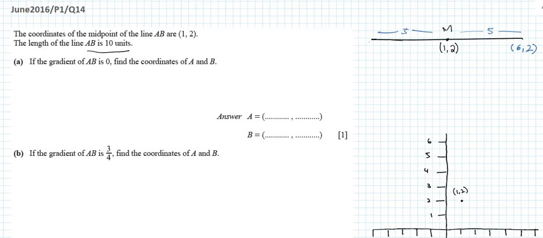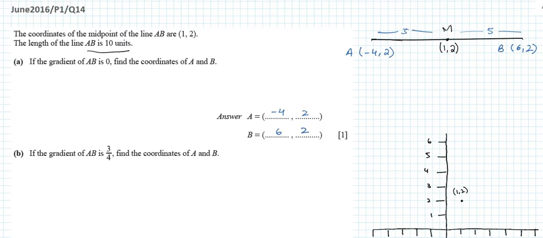So here we have -4 and the y coordinate will be the same, 2. So the coordinate of A is (-4, 2) and the coordinate of B is (6, 2).